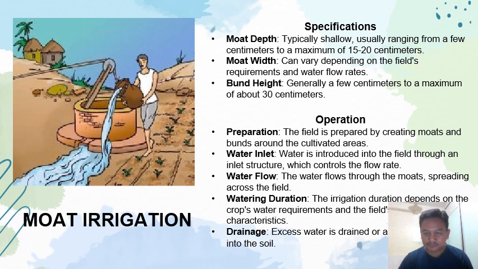The water flows through the moat, spreading across the field. Watering duration. The irrigation duration depends on the crop's water requirement and the field soil characteristics. Drainage. Excess water is drained or allowed to percolate into the soil.